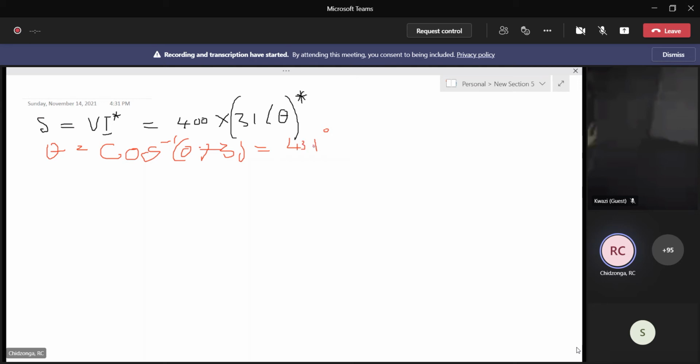So 43.1 degrees. And then the magnitude of the current, remember it's all RMS. I'm not writing RMS here, right? It's given, it's 31, there's no need to calculate it.